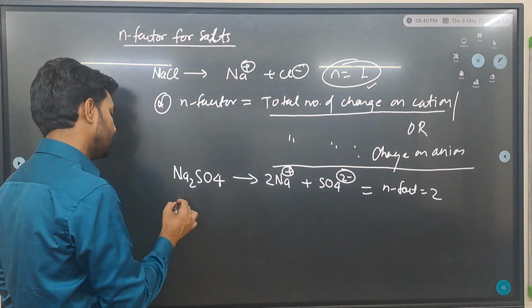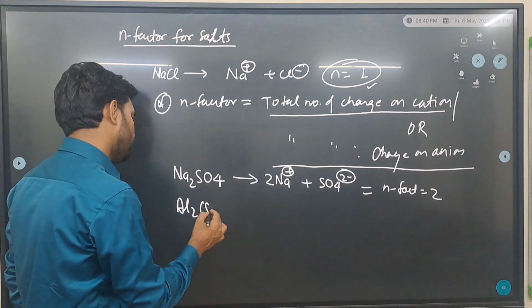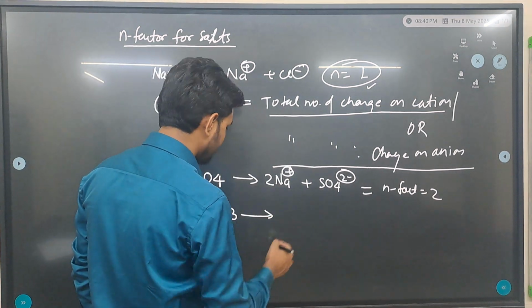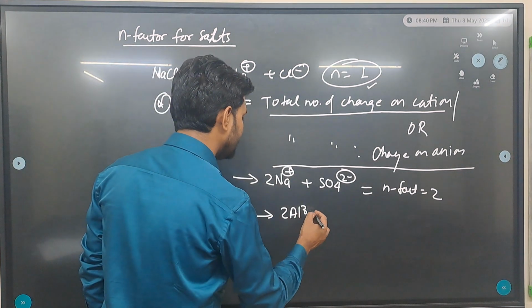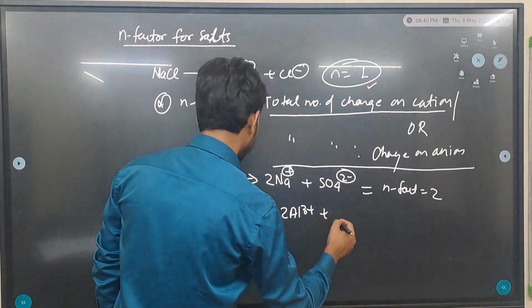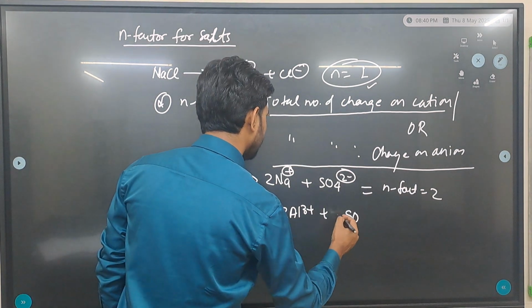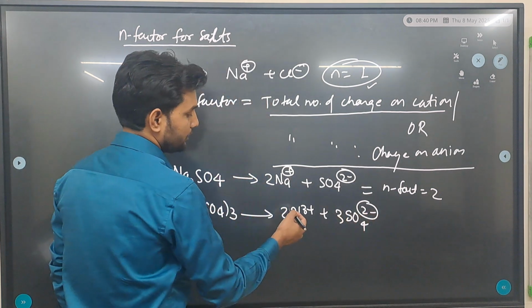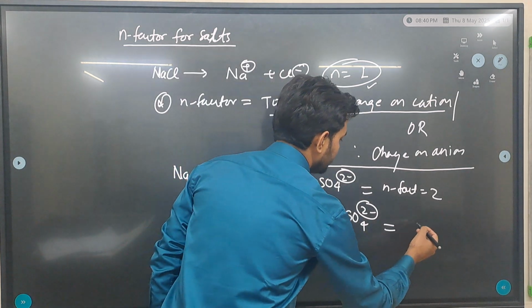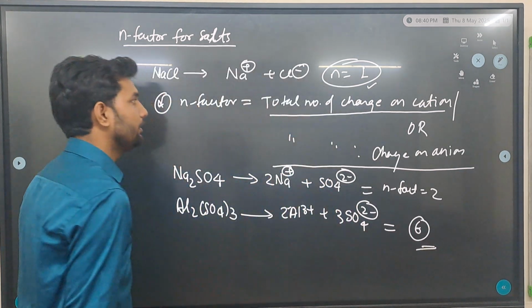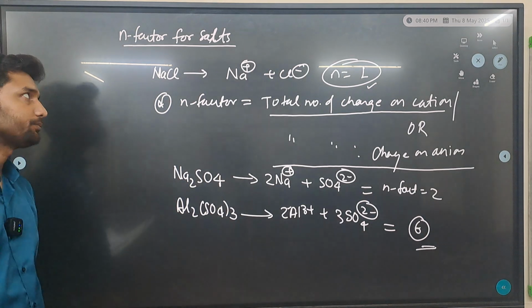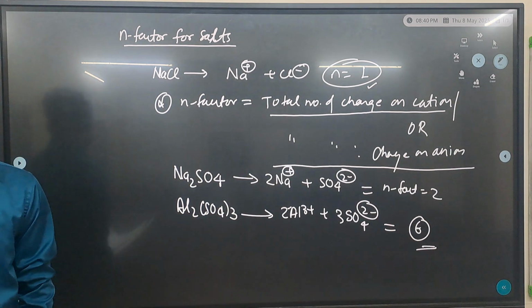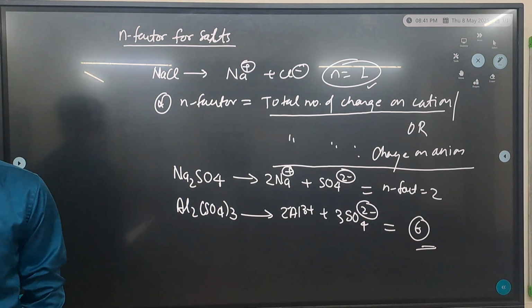Same if we take Al2(SO4)3, then it will dissociate and give 2Al3 positive plus 3SO4 2 negative. So total charge, 2 multiply by 3, will be 6. So the n factor for this compound will be 6. Okay, this is the n factor for salt.